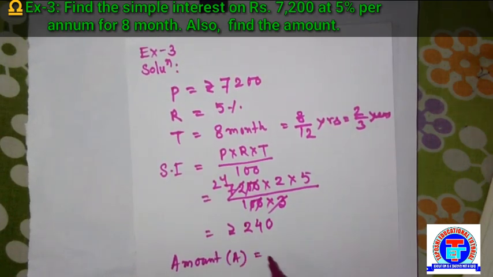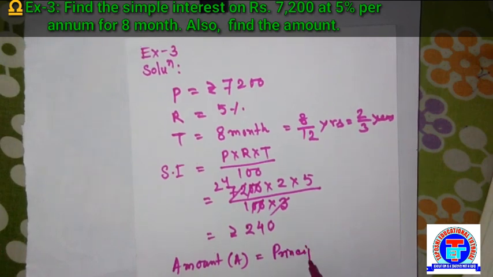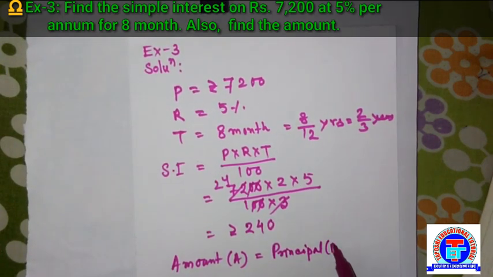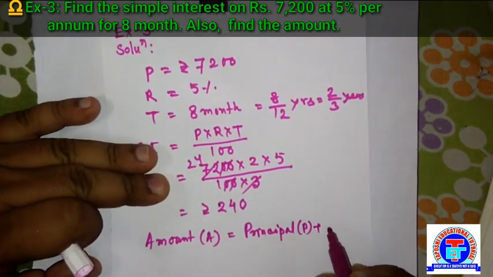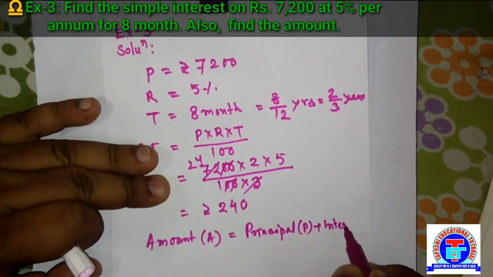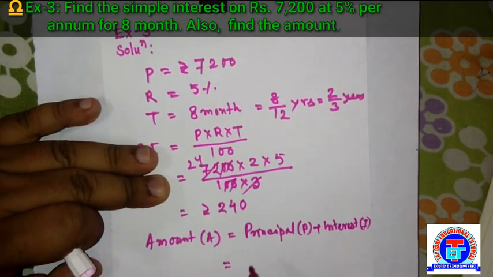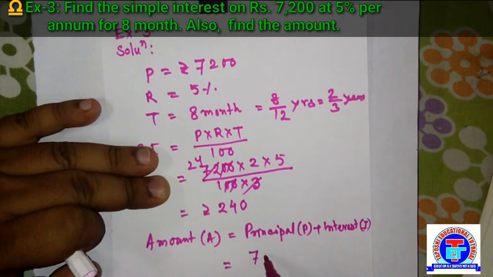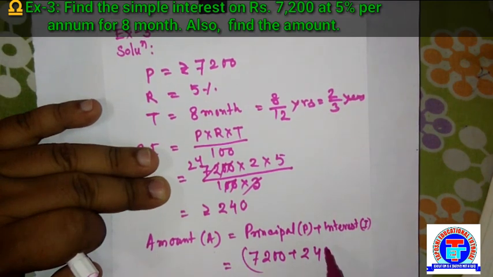So amount A is equal to principal P plus interest I. So here principal 7,200 and interest we got 240 rupees.